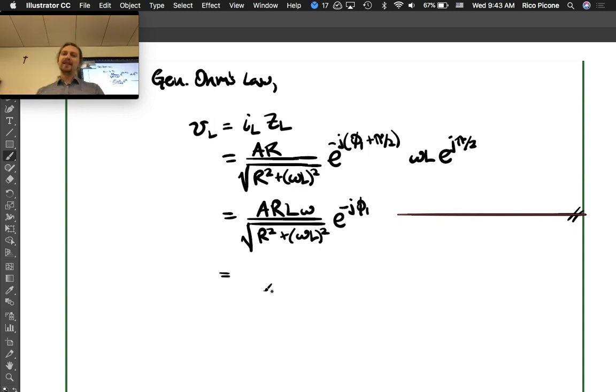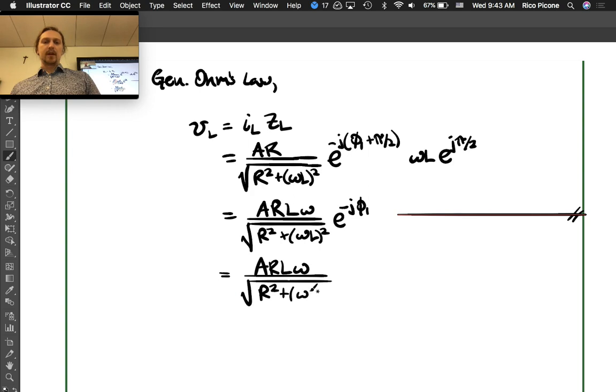But we could rewrite this in trigonometric form, right? So the same amplitude, ARL omega over r squared plus omega L squared, and then we're going to do cosine of what?